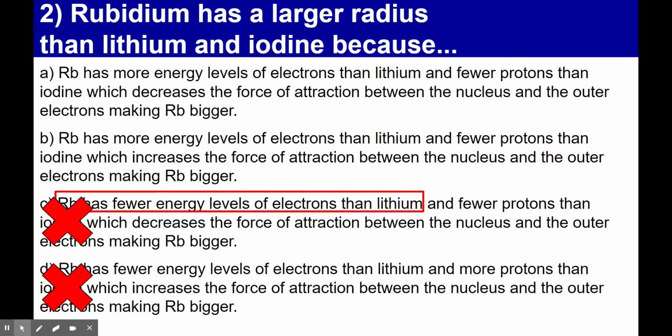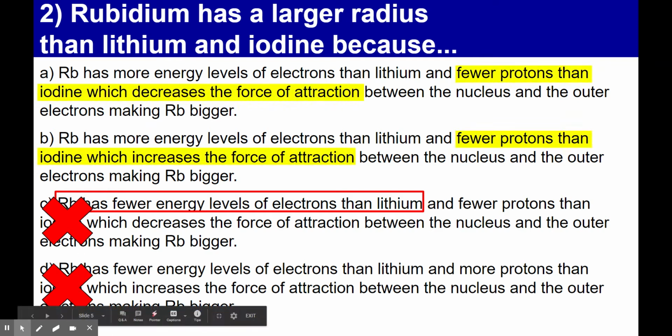Now we can start to look at what else is different between A and B. You'll notice that I've highlighted here, and it says, reading from the beginning, rubidium has more energy levels of electrons than lithium and fewer protons than iodine, which decreases the force of attraction. So that fewer protons part is the same for both, but which of those has a greater force of attraction?